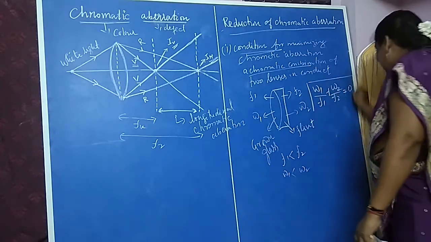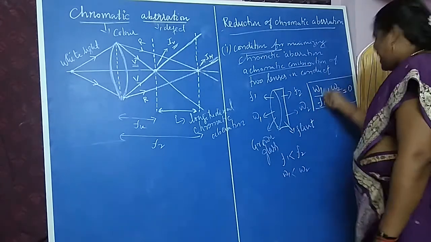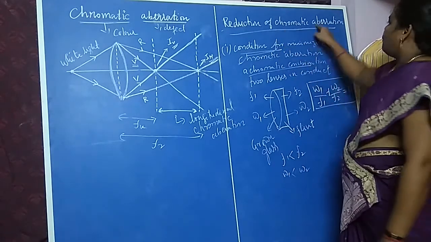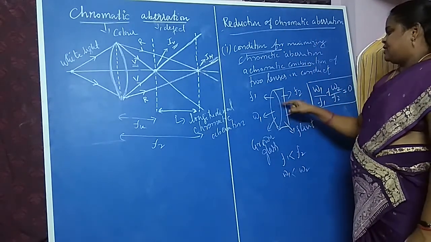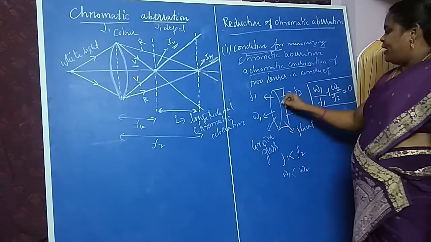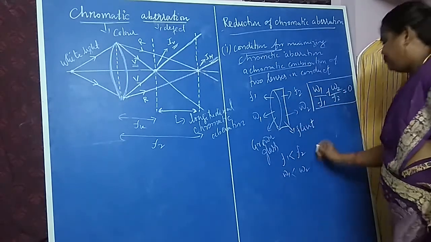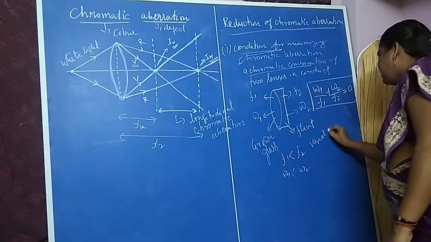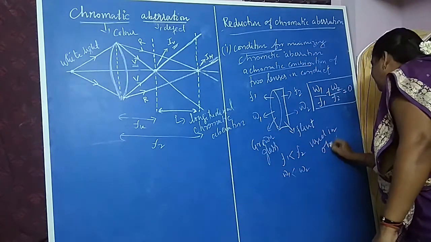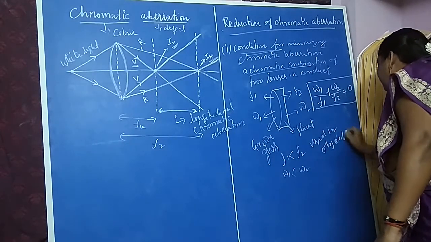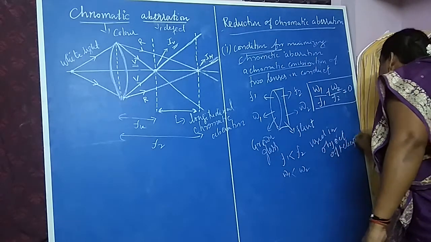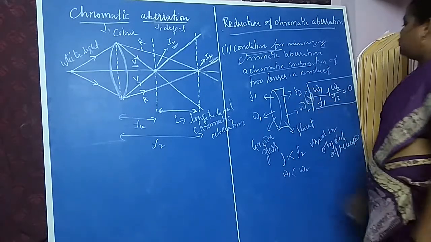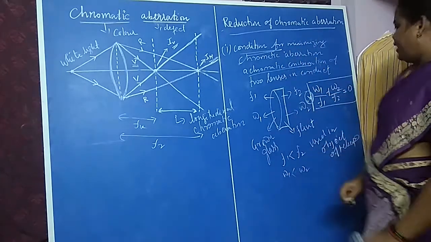This is the condition we should satisfy to reduce the chromatic aberration of a combination of two lenses. This achromatic combination is used in the objective of the telescope. So this is the condition to minimize the chromatic aberration.